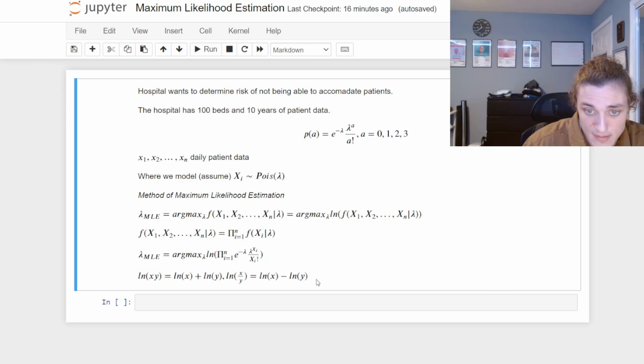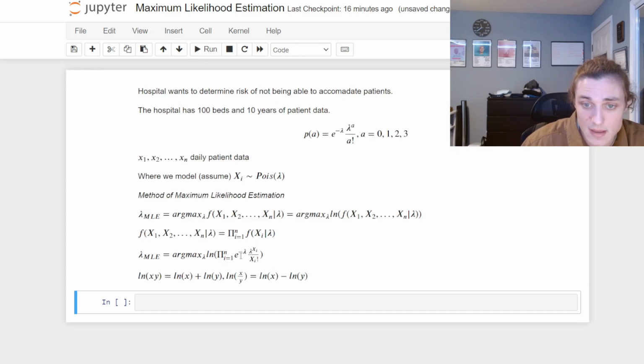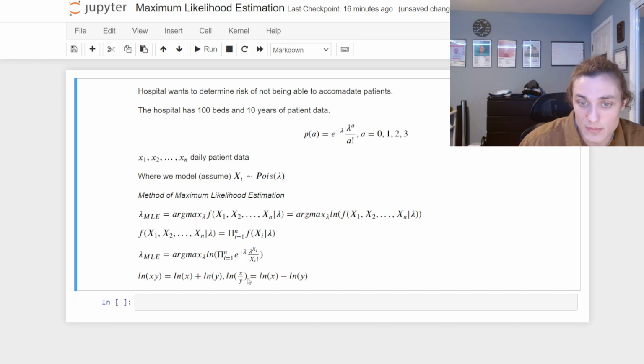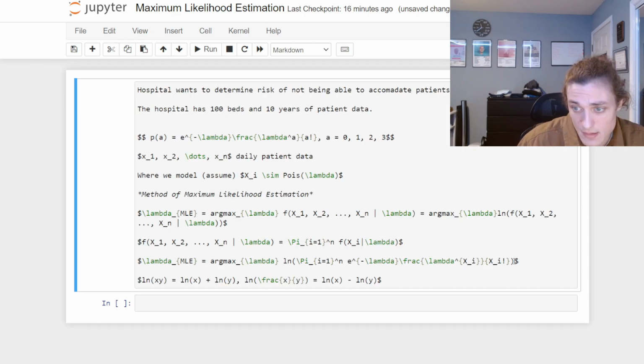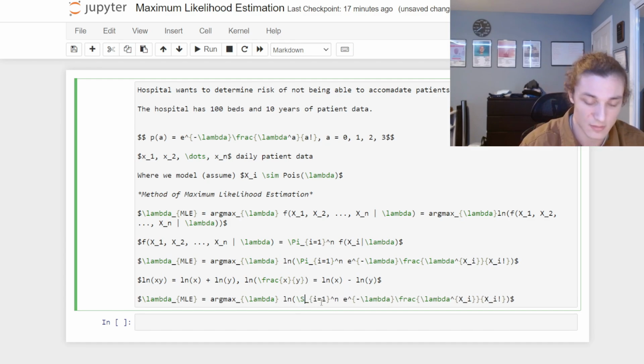So using these log properties, let's go ahead and do that. We want to say sum of e to the negative lambda, but ln of e just drops out, so we're just going to have negative lambda. And then we're going to have ln of lambda to the xi. And then since it's raised to the power, we'll be able to do some other rules as well. But let's just work through this first. So I'm going to copy this here, come down here, and instead of pi, we're going to use sigma.